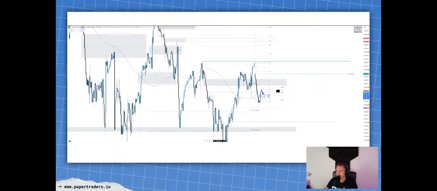As long as price remains above this FVG, we can continue looking for the upside here.